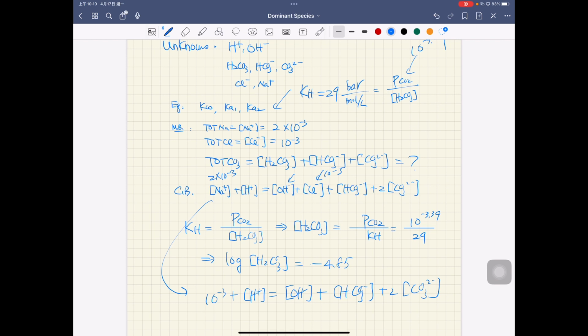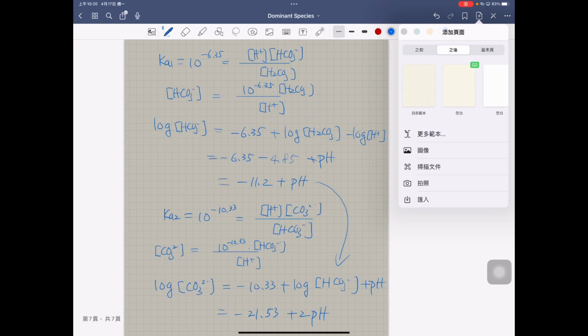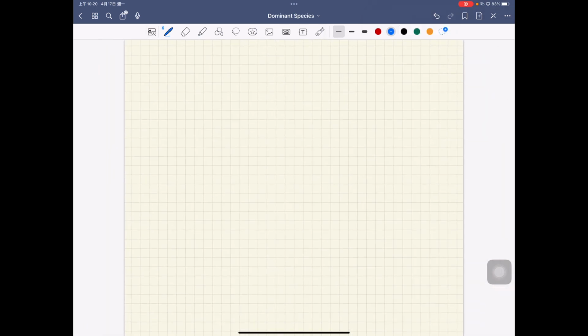That is the equation I want to use to find my pH. Right? So now let's do it. Okay? Okay. So what I'm going to do, let's draw it.